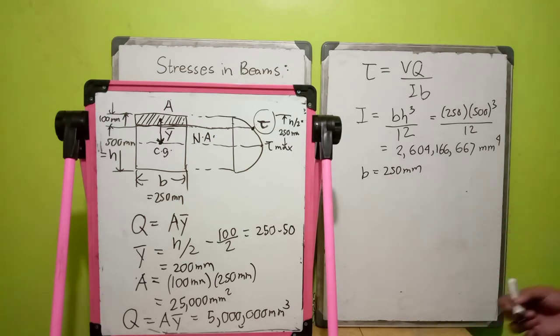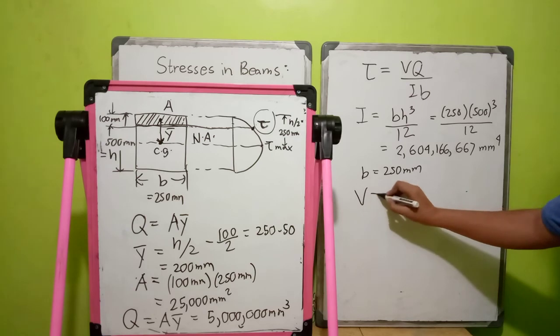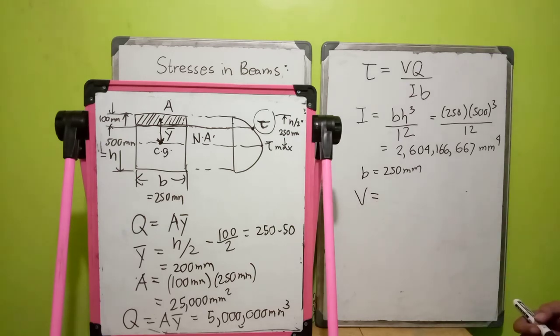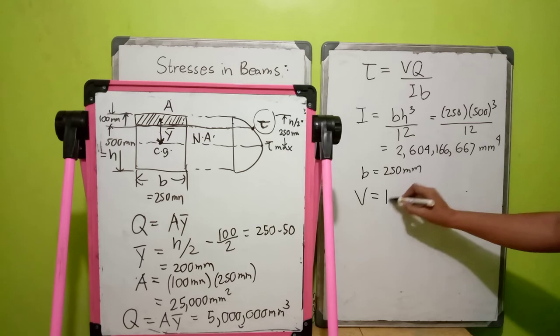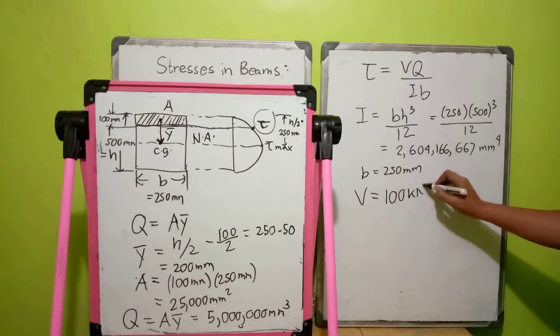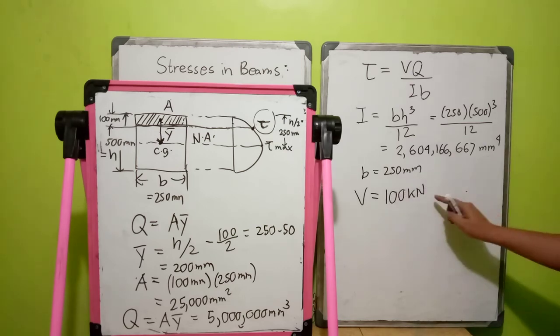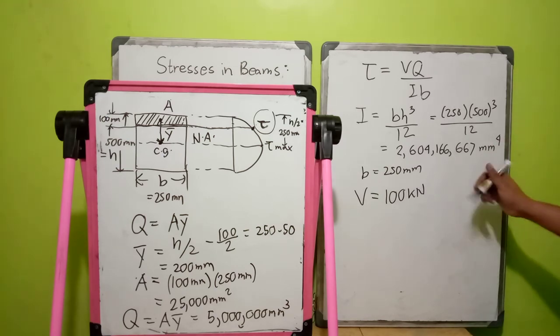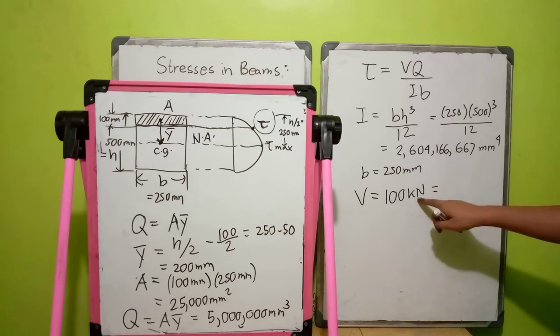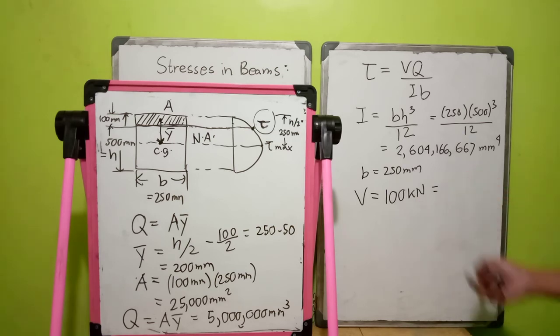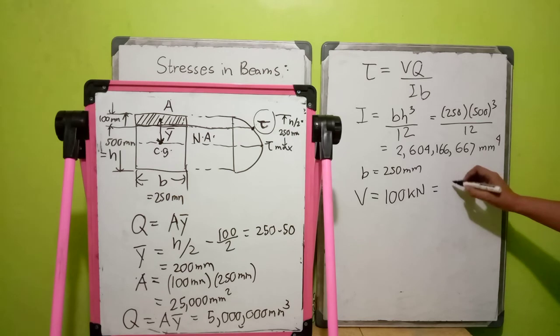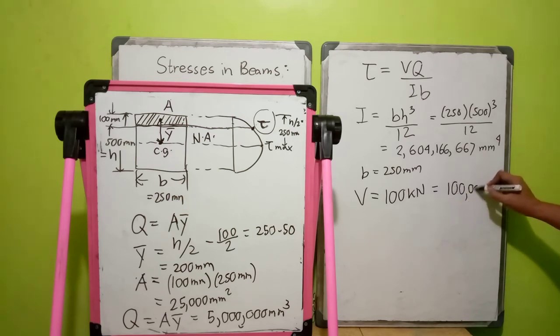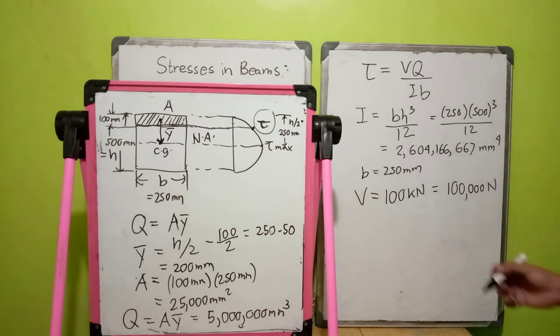One thing I forgot is to put a value of shear. Let us say our shear is 100 kilonewton. We need to convert this into Newton so that we will have uniform units, so 100,000 Newton.